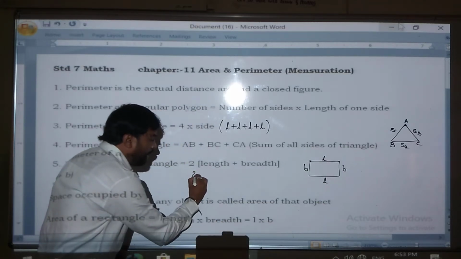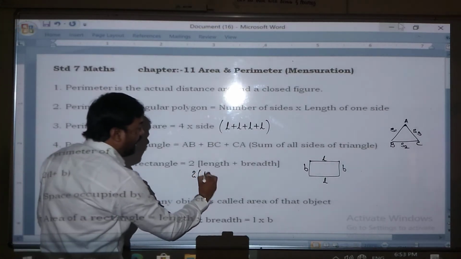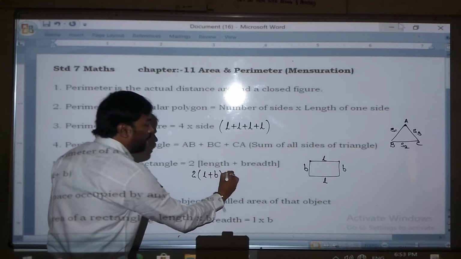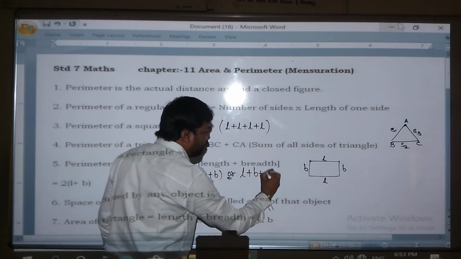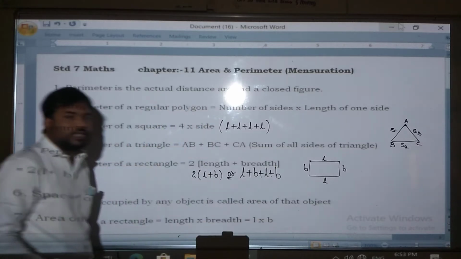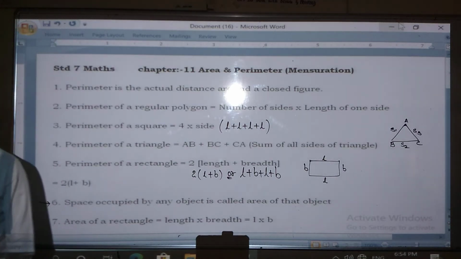So taking 2 outside, I took 2 common. Then what is left? L plus B. Or if you cannot remember, this is also a formula: L plus B plus L plus B. There is an alternative. Do you understand? That is 2 times L plus B. Got it? Sure.